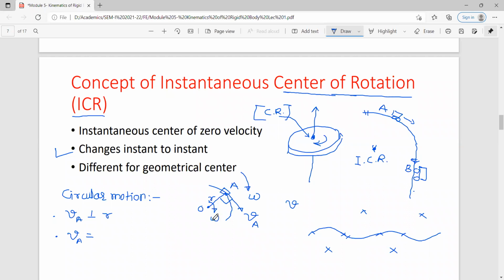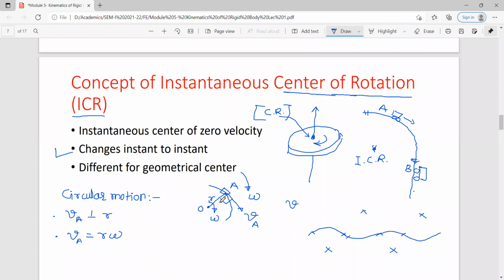So if omega is given to you and you have been asked what is the velocity of point A, how will you calculate? Velocity of point A is R omega square? No, R into omega. Got it? R omega square is your acceleration. Velocity of point A is R into omega.